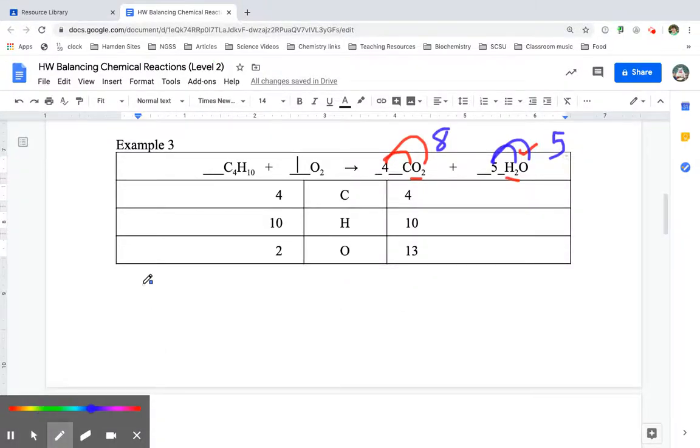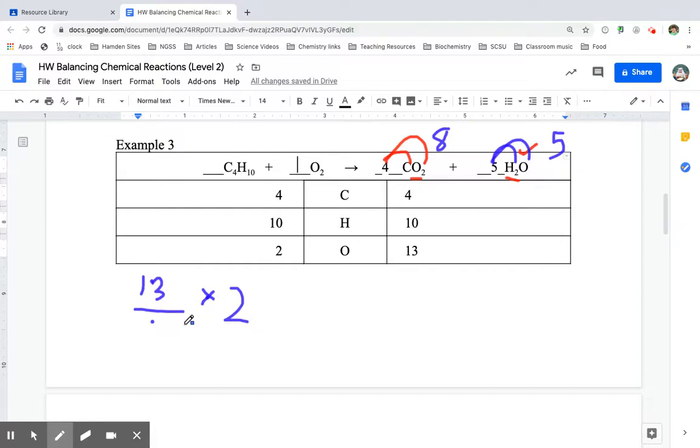So remember that if you want to get rid of a fraction, well, if you want to get rid of our 13, what if we took this 13, right? 13 times 2 would give us an even number.